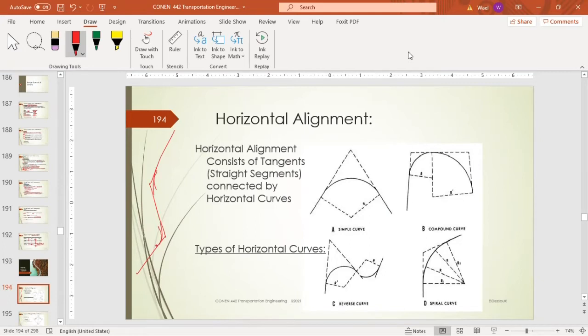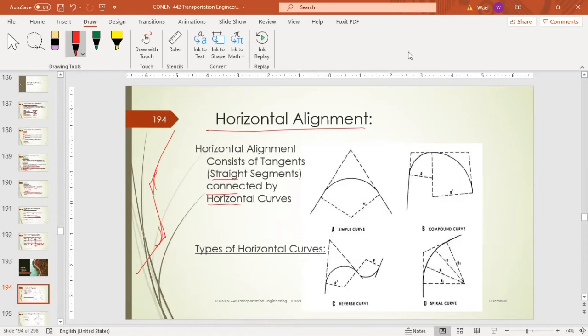This is what we call horizontal alignment. So the horizontal alignment consists of tangents, straight segments connected by horizontal curves. The horizontal curves are one key element in the horizontal alignment.